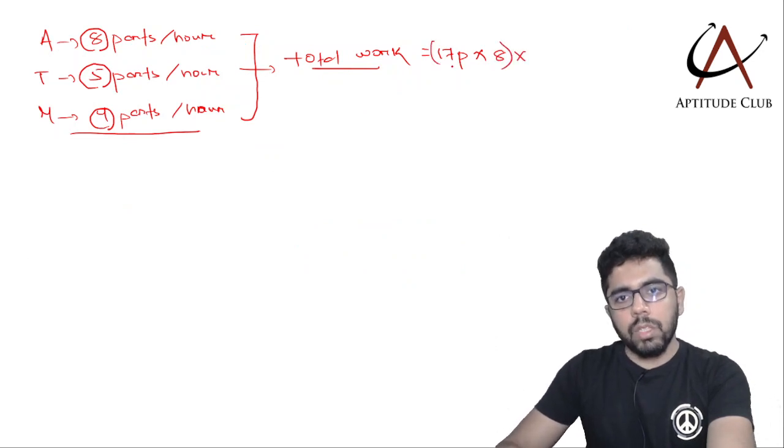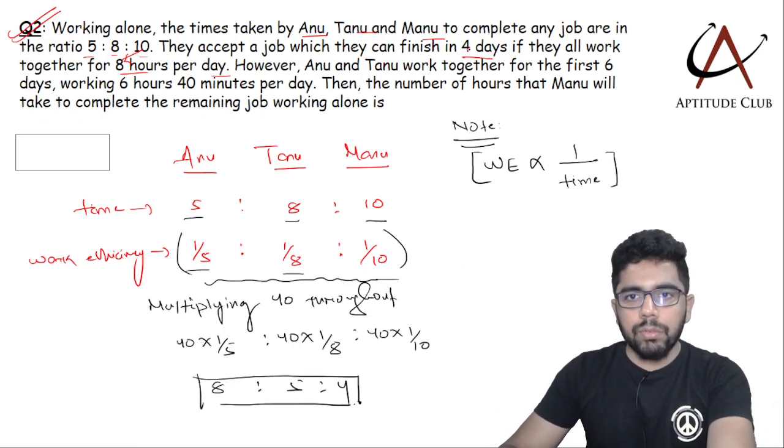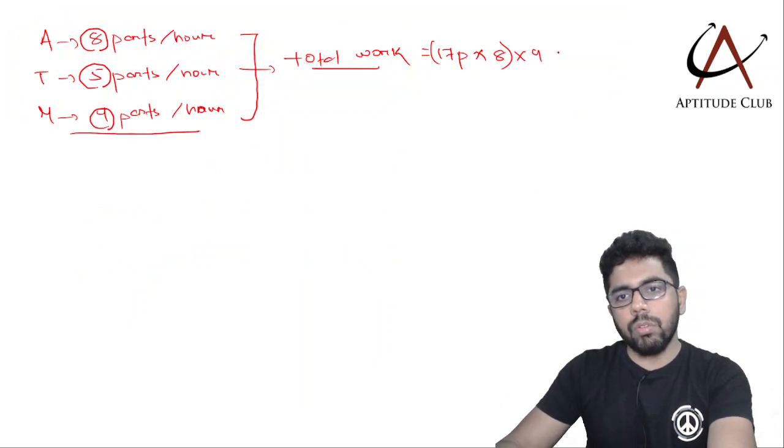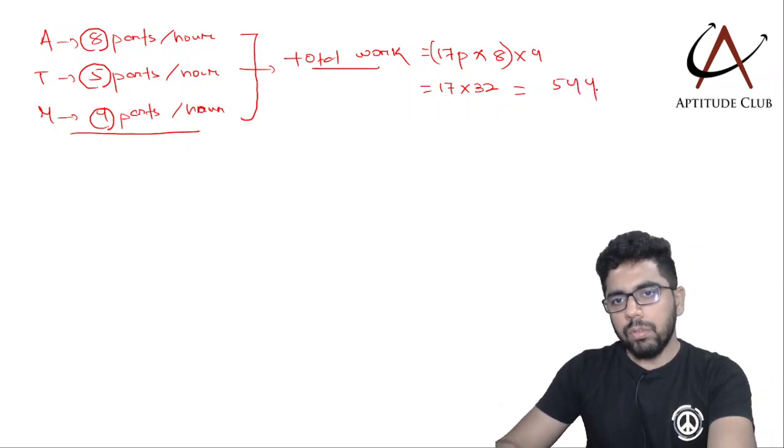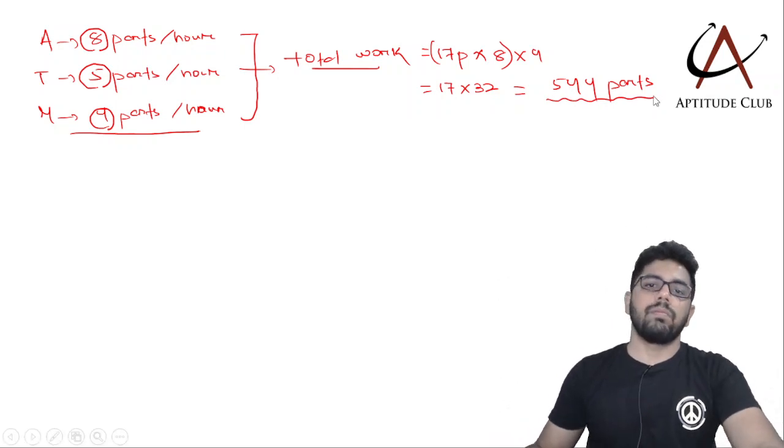And they would be working like this for how many days? 4 days. So 17 into 8 into 4. So this becomes 17 into 32, which is 544 parts. This is your total work.